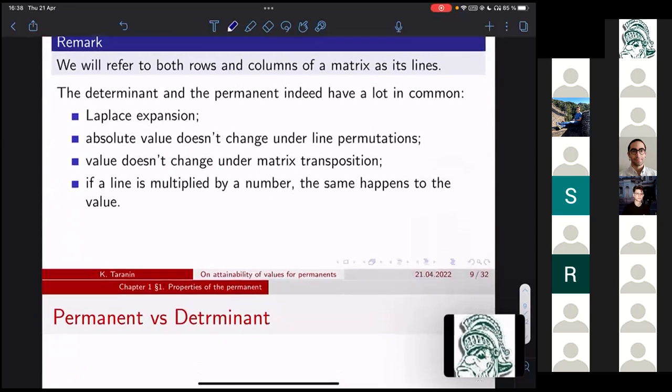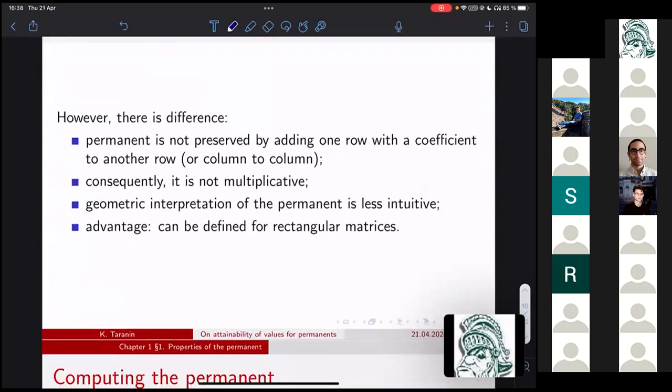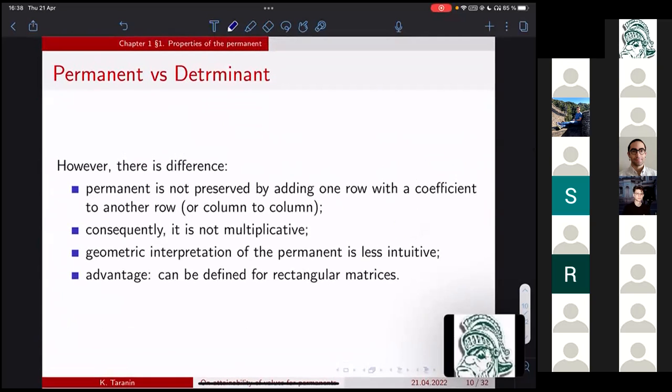However, there is one very important difference from the determinant, which is that the permanent is not preserved by one of the Gaussian elimination transformations, namely adding one row to another with some coefficient, or adding one column to another with some coefficient.